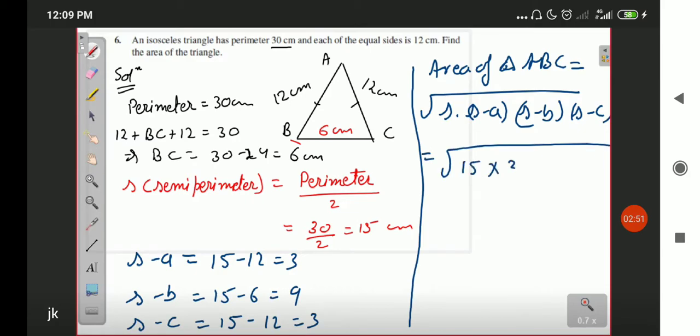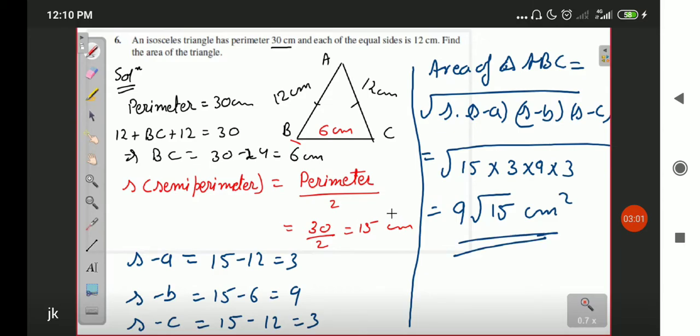Once you solve it, you will get the answer as 9 under root 15 centimeter square. This will be your answer. If you put in the value of under root 15, you can get a more exact answer. But finding that answer until now, it's good in itself also. Okay, no need to calculate more in this.